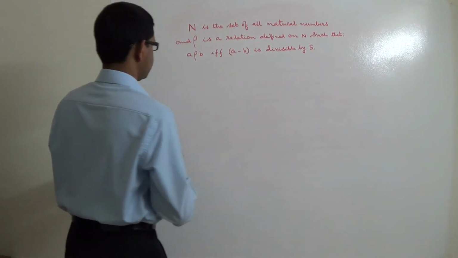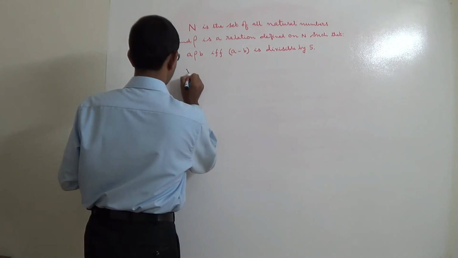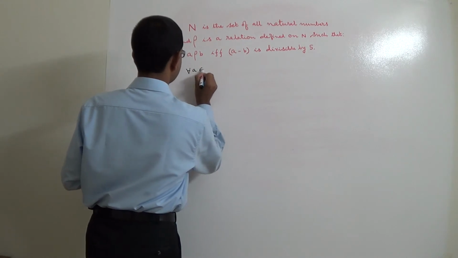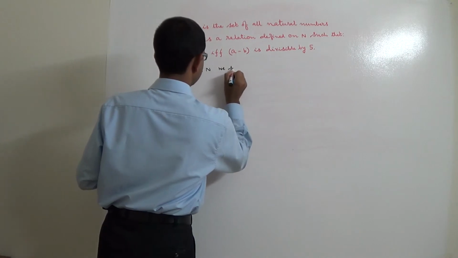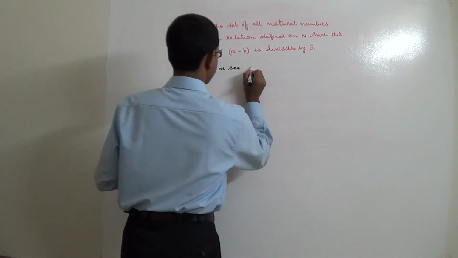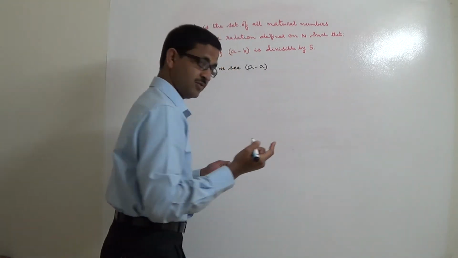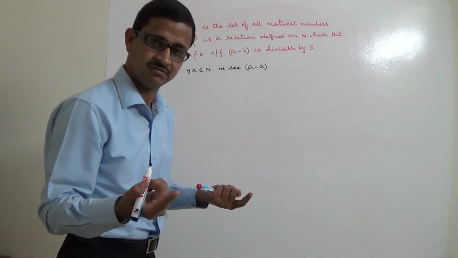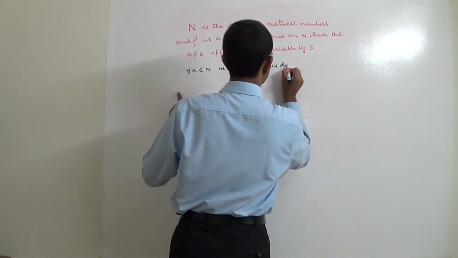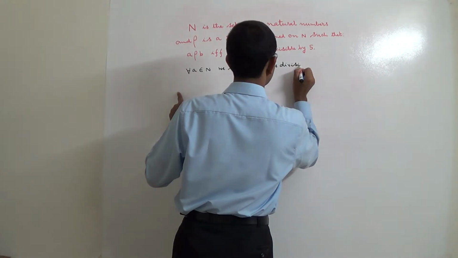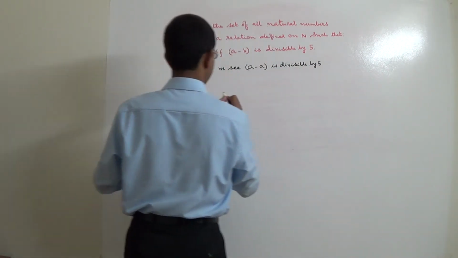First, for any element, for all A belongs to N, we see A minus A, which is 0, is divisible by 5.